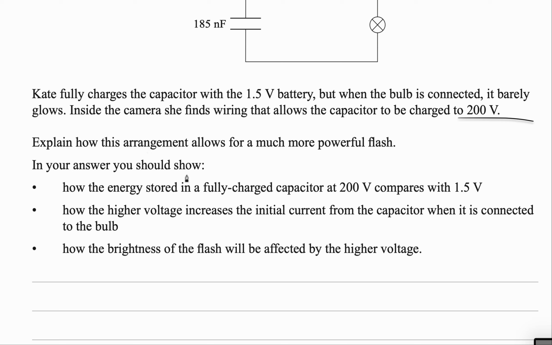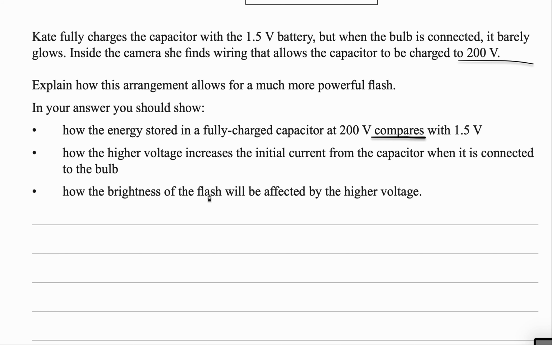In your answer, you should show how the energy stored in a fully charged capacitor at 200 volt compares, I'm going to use that word in our answer, with 1.5 volt. How the higher voltage increases the initial current from the capacitor when it is connected to the bulb, and how the brightness of the flash will be affected by the higher voltage.